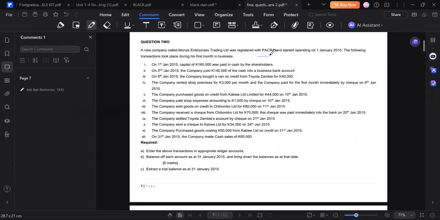The following transactions took place during its first month in business. On 1 January 2015, capital of 160,000 was paid in cash by the shareholders. So capital is always a credit balance.